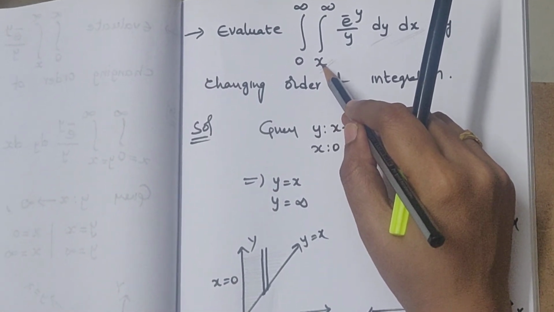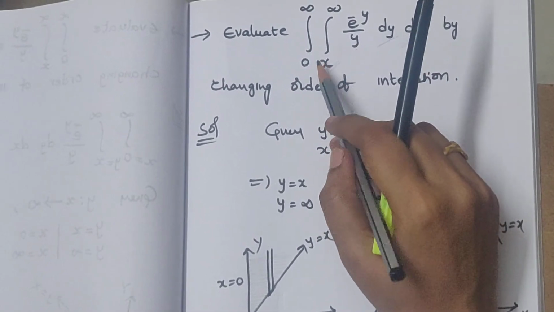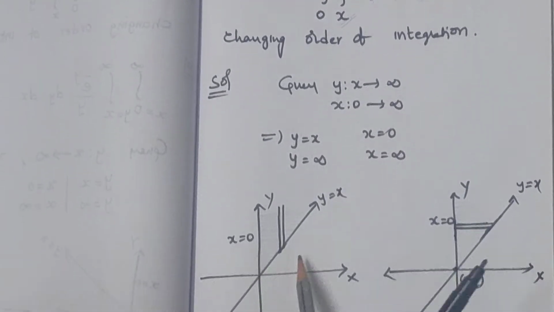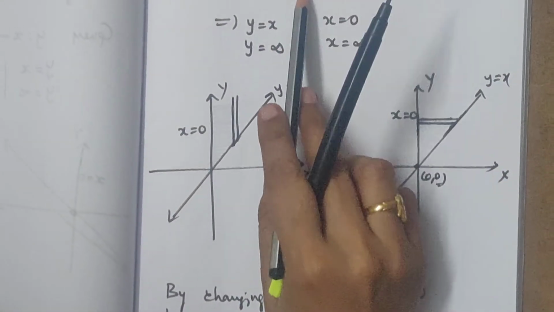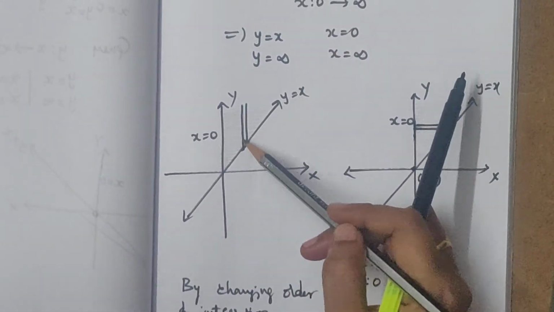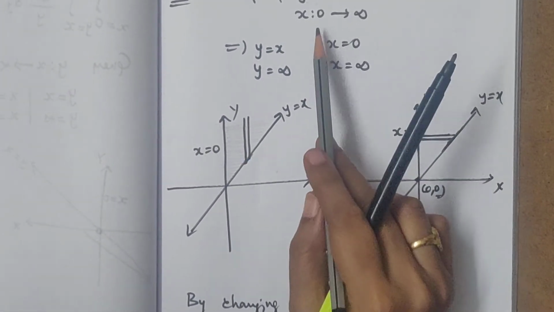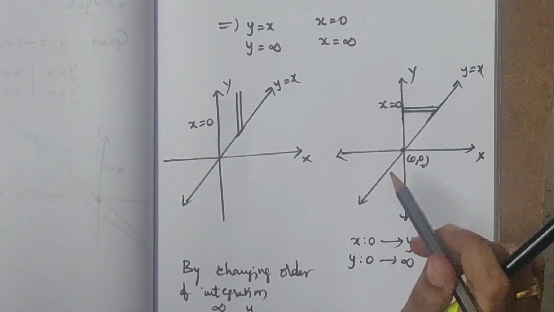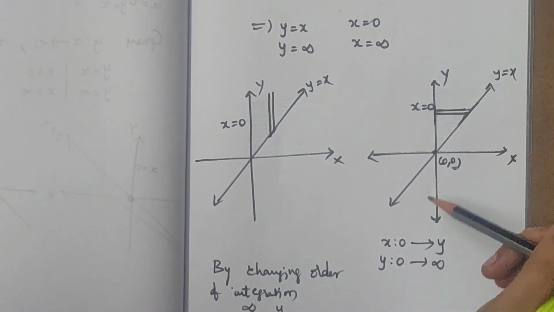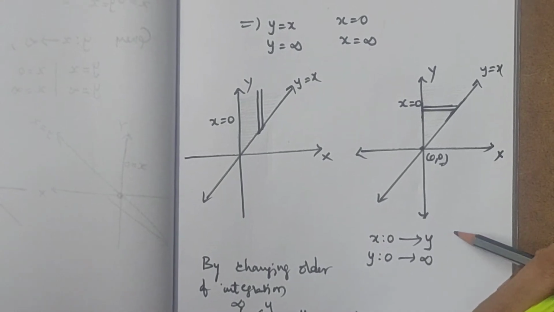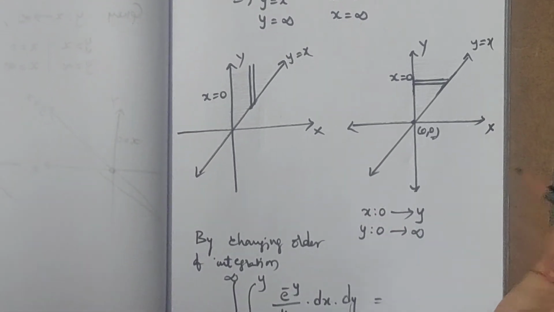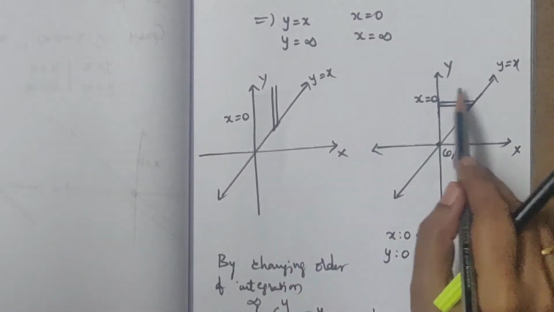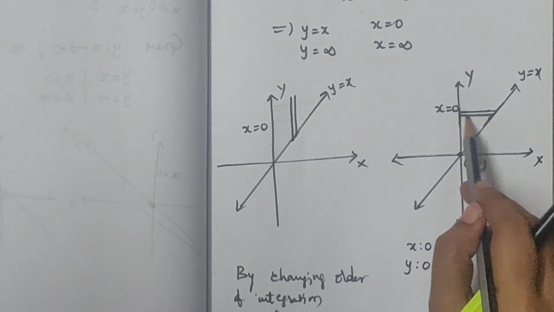That's why first we identify the region of integration equivalent to these limits. Corresponding to these limits we identified a region of integration. These are y limits, meaning by taking a vertical strip in the region, you get these limits. Now we require x limits first, so that we can change the order. To get x limits, in the same region of integration take a horizontal strip.